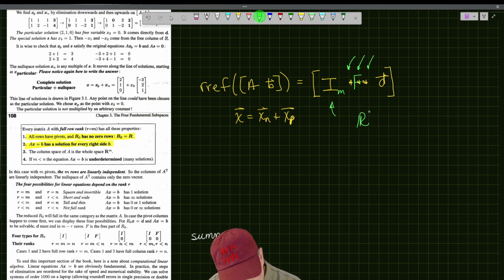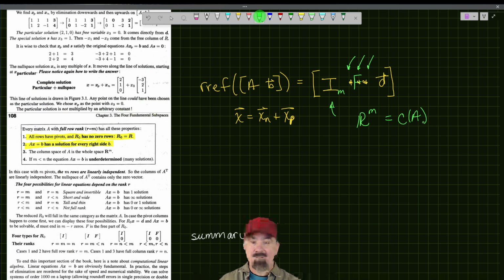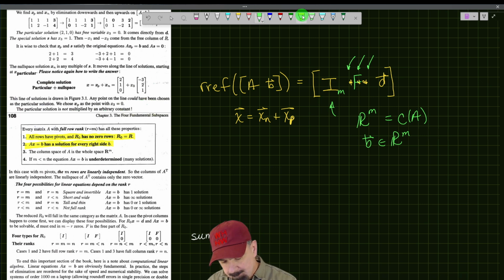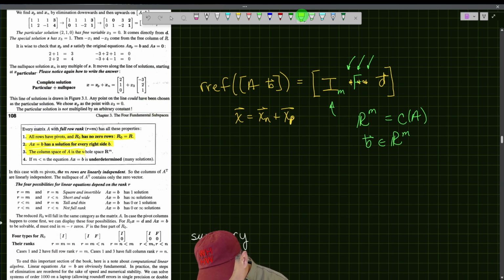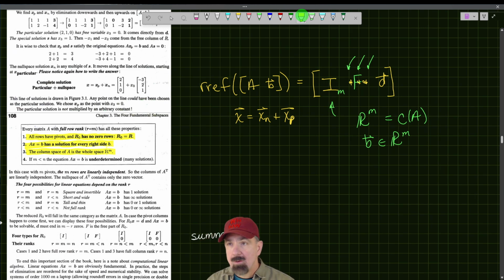So R^m is the column space of A, and we have full coverage for R^m. We have a solution because every b is going to be inside of R^m, so it has to be inside the column space. That's what he says.